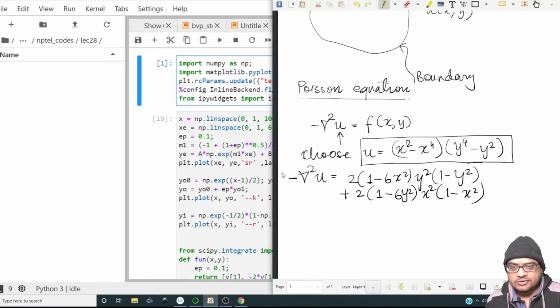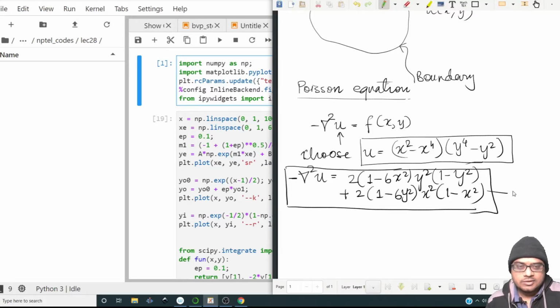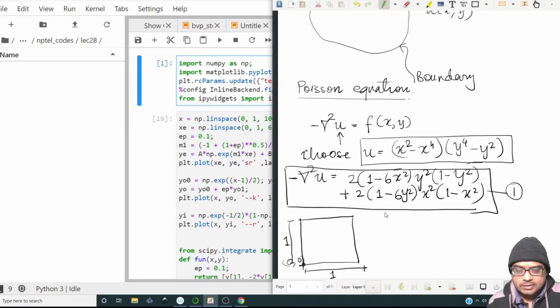Alright, so we can imagine that this is the problem. This is the governing equation, subject to the domain given as a square. This is the origin and the side is 1. So this equation 1 is subjected to u equal to 0 on all boundaries.